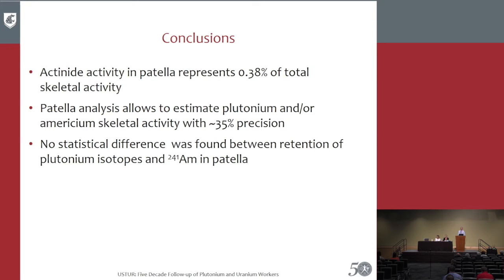Another thing I want to mention is that no statistical difference was found between retention of plutonium and americium in patella. But I want to emphasize one more time that the americium was not from exposure, it was from the decay of plutonium-241. Okay, thank you very much.